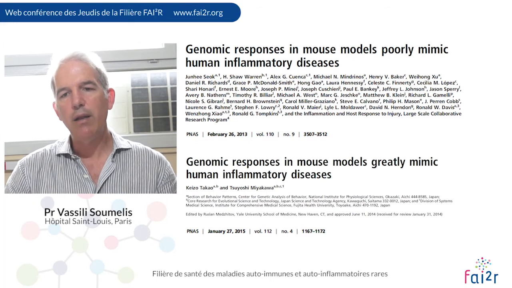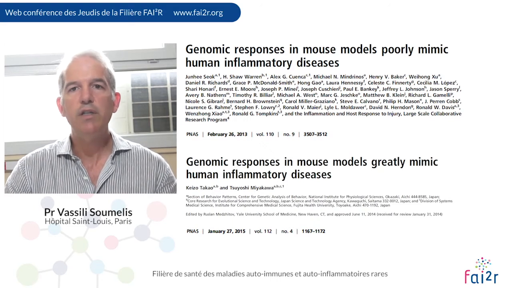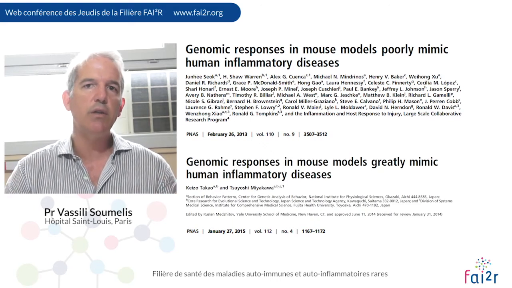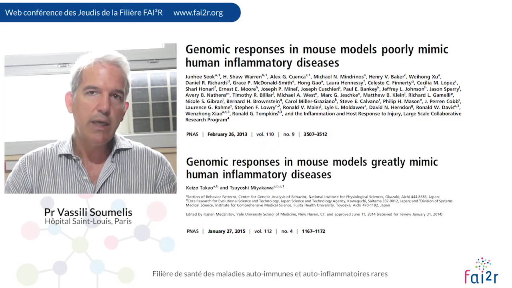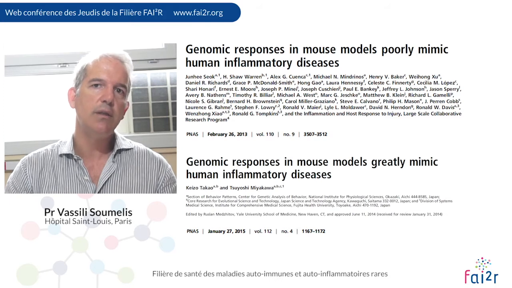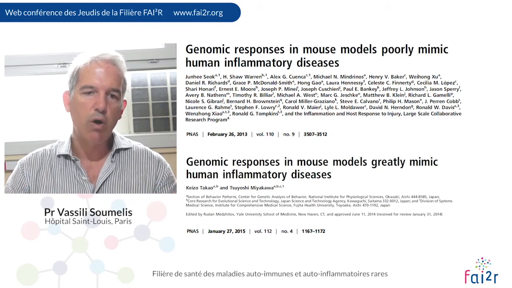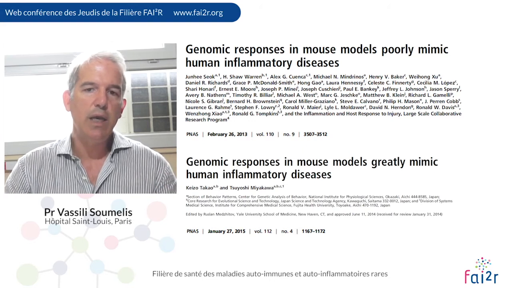In parallel, they studied a diversity of mouse models for the same types of injury. Having generated tons of data, especially transcriptomics data, they asked whether the changes they have seen in the human disease parallel the changes observed in mouse models. And they found that it's not the case.